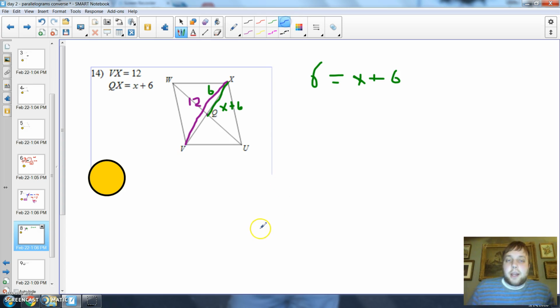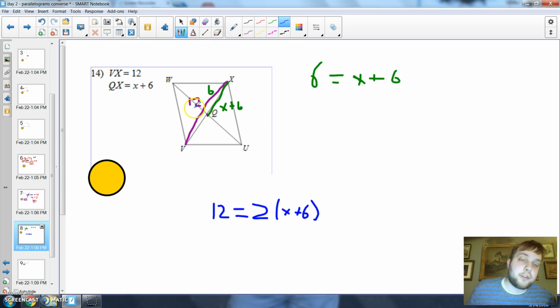Or the other way is I could say, well, 12 is the whole length, and this is half of it, so I want to double my x plus 6. Two ways to skin this cat. I prefer the one on top, cutting the 12 in half, so I know 6 equals that.